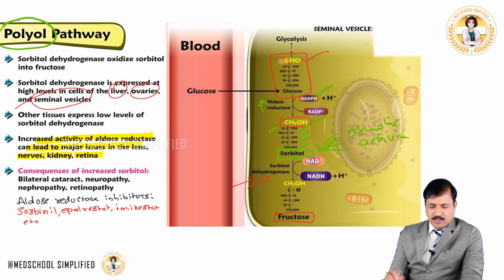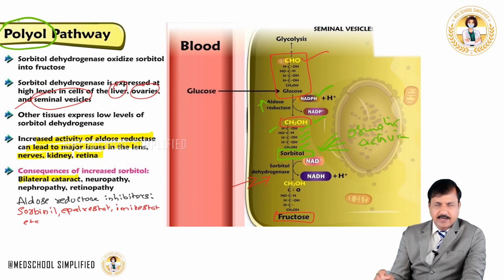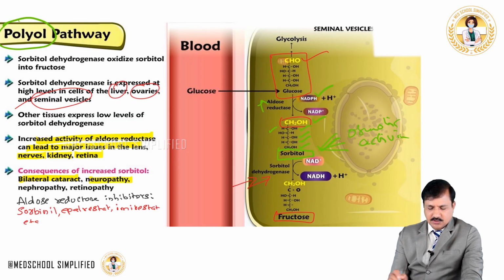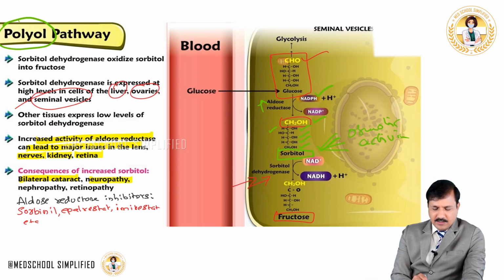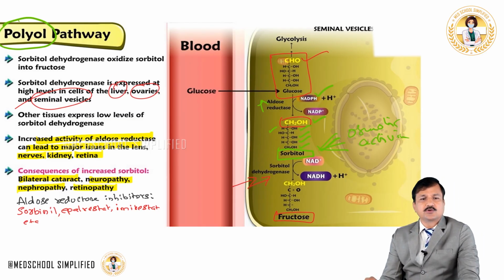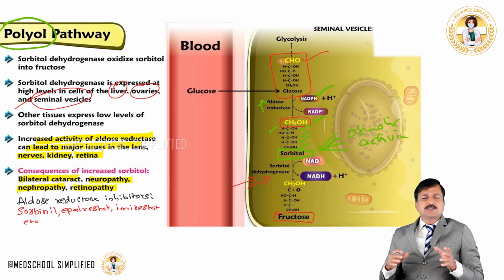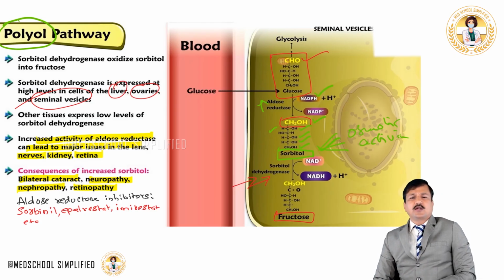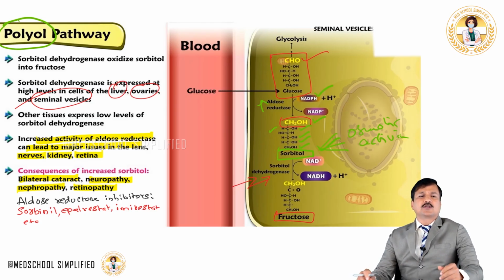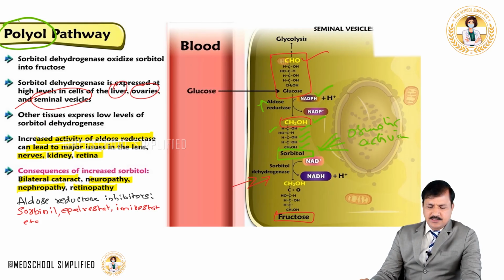In the lens it will give rise to bilateral cataracts, in the nerves it will give rise to neuropathy, in the kidney it will give rise to nephropathy, and in the retina it will give rise to retinopathy. All these complications of excess glucose are partly explained by accumulation of sorbitol. And these are the microvascular complications that are seen in uncontrolled diabetes mellitus patients.